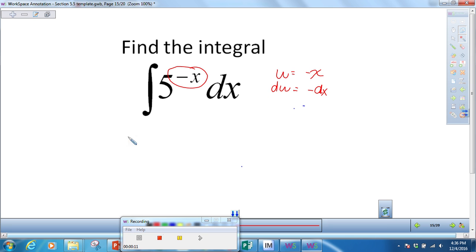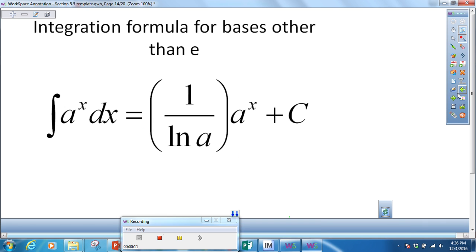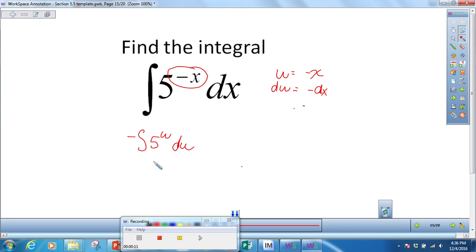Basically, all I'm doing is taking out a negative and integrating 5 to the u du. Using the formula that we just learned, that's going to be 1 over the natural log of 5 times 5 to the u, which in this case is negative x, and the whole thing is negative, plus c.